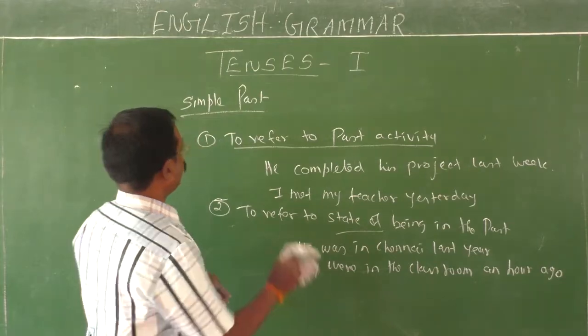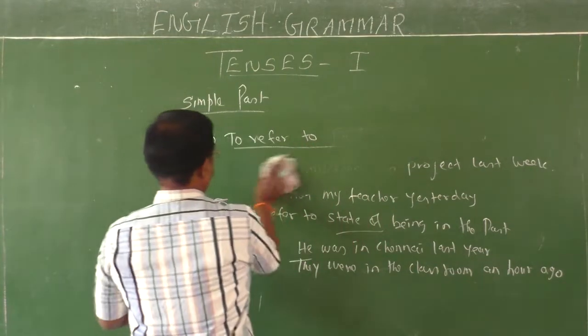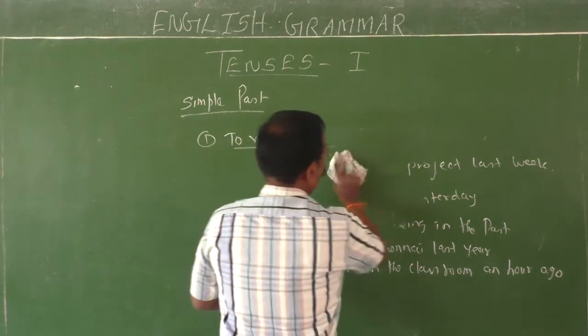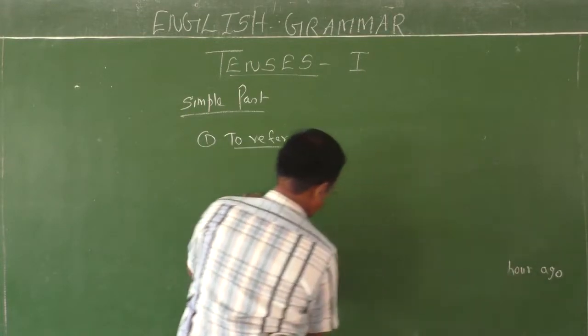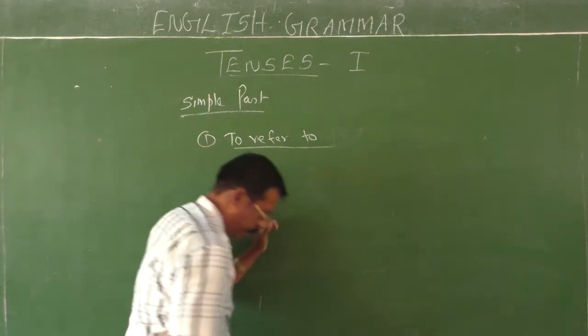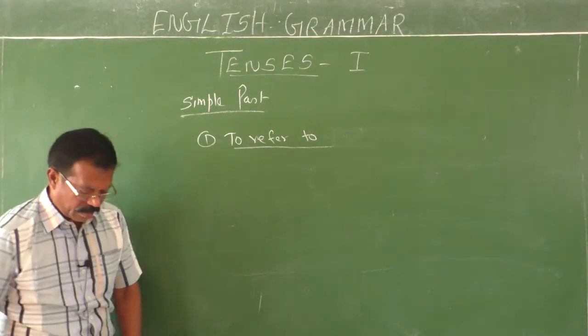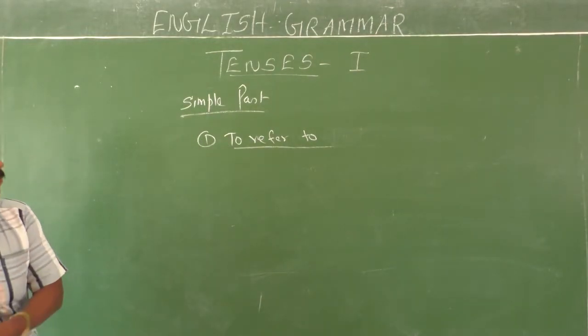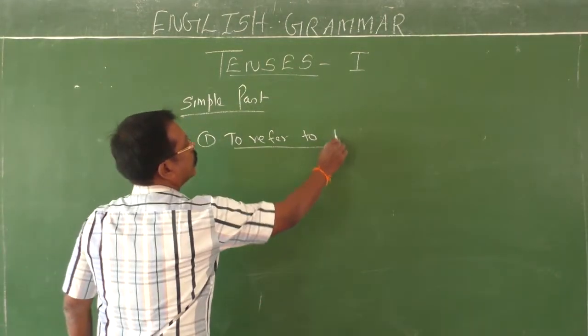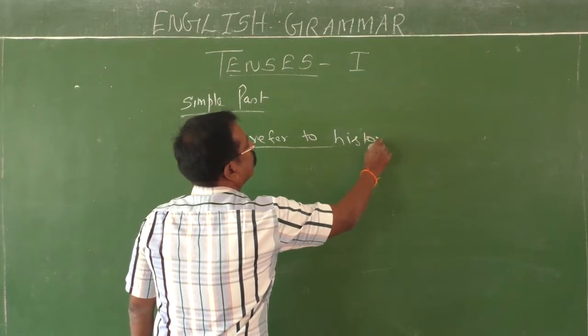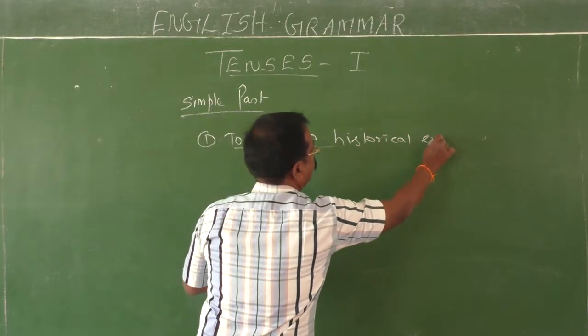And then, to refer to historical activities, important events. That is generally called the historical past. For that also we use this past tense, to refer to historical events in the past.